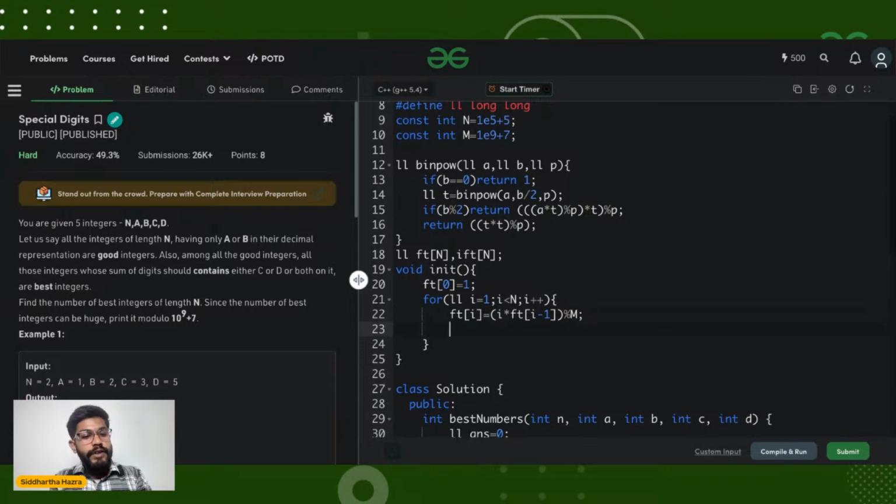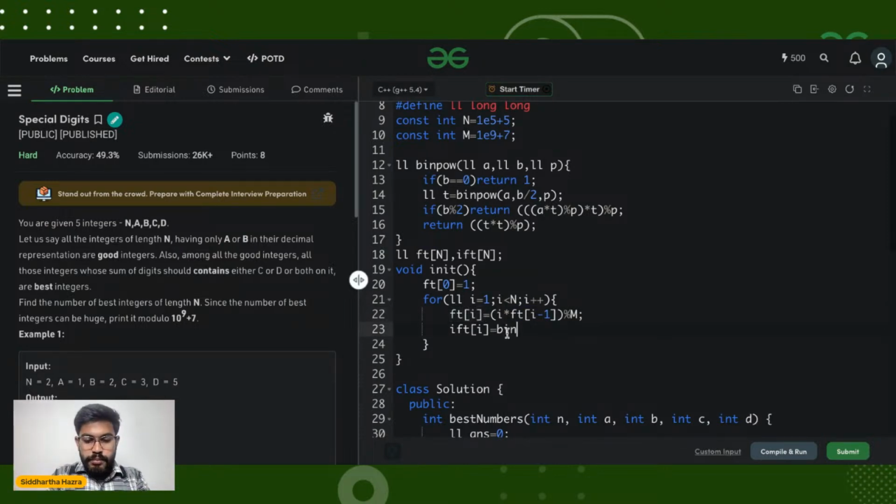Now what would be the inverse factorial of this? So ift, the inverse factorial of I, would be that value a to the power m minus 2. So the inverse would be this value to the power m minus 2.